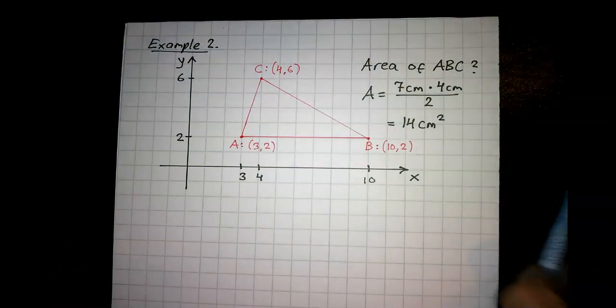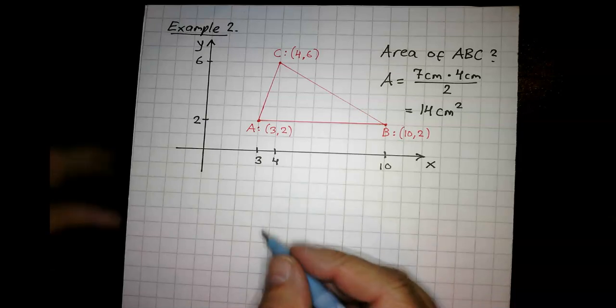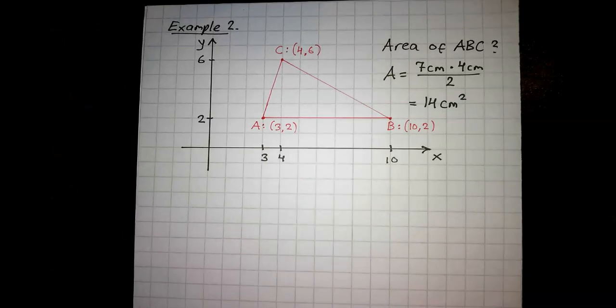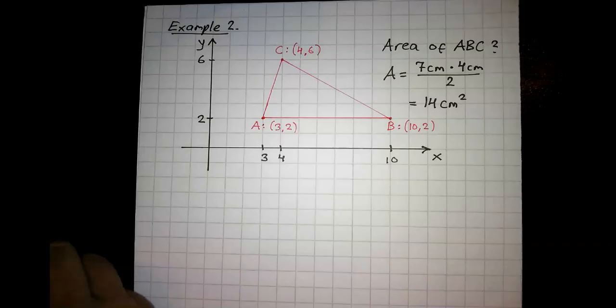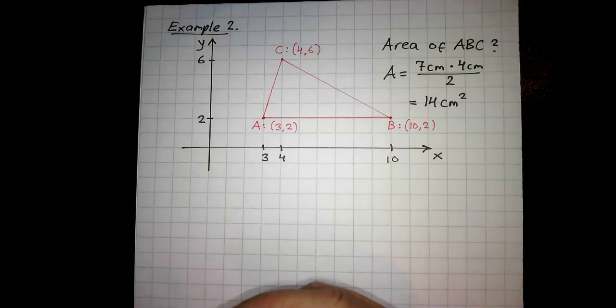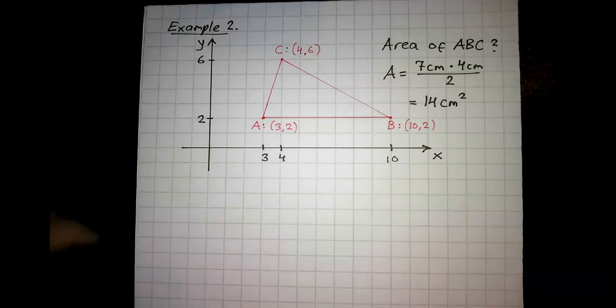So now, when we want to use vector product or cross product to find out the area of this triangle, we have to choose some corner of this triangle. It can be whatever.